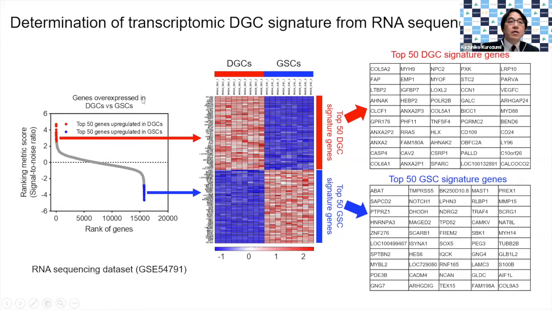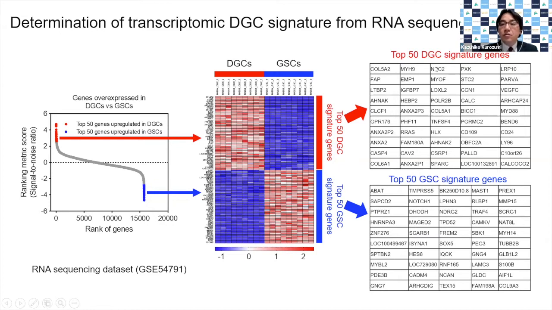We did the determination of the transcriptional DGC signature from an RNA sequence dataset. With this slide, we could find the top 50 genes upregulated in DGCs and the top 50 genes upregulated in GSCs.